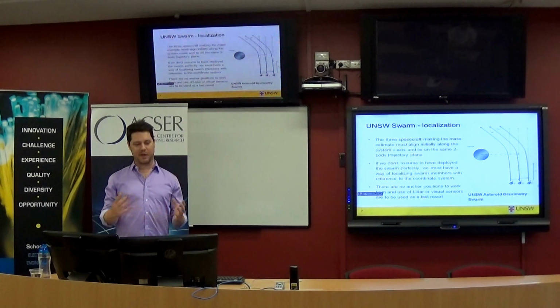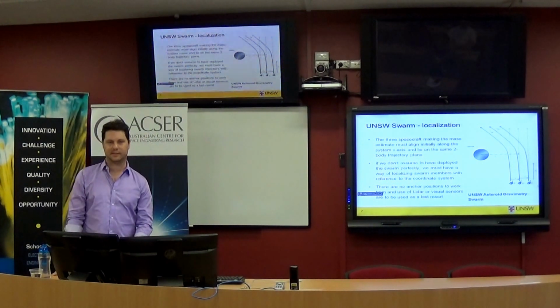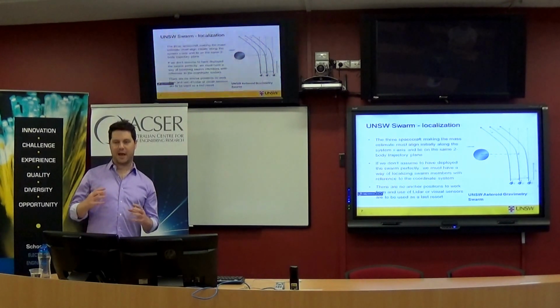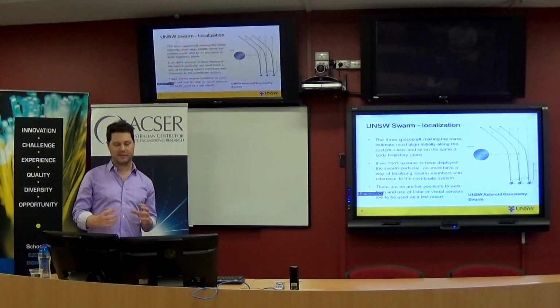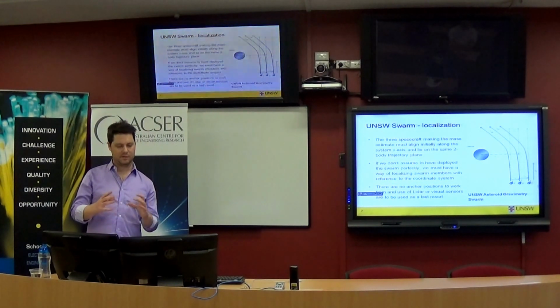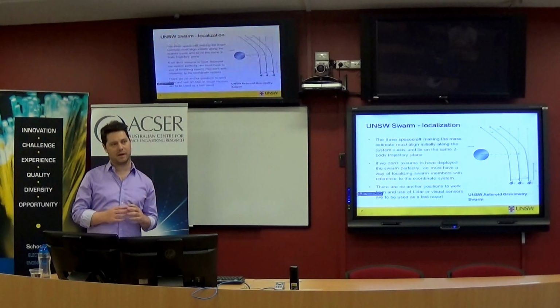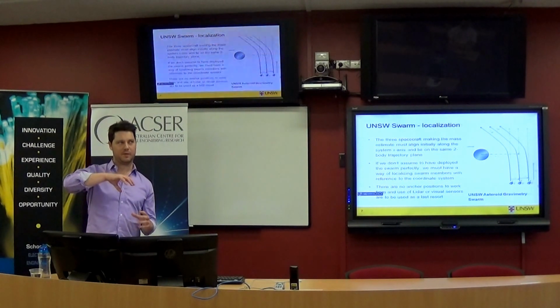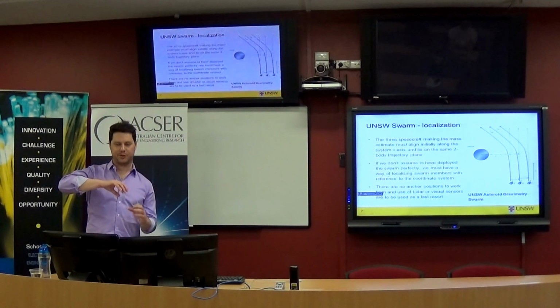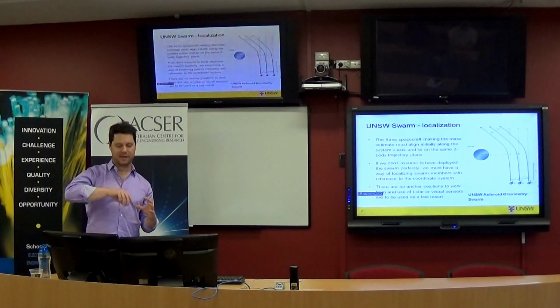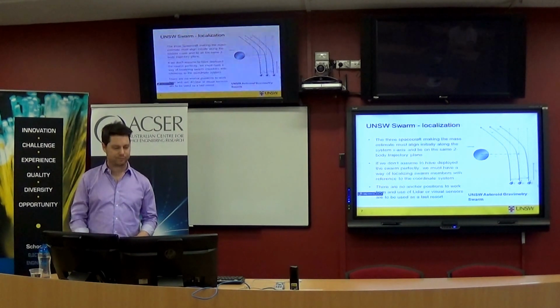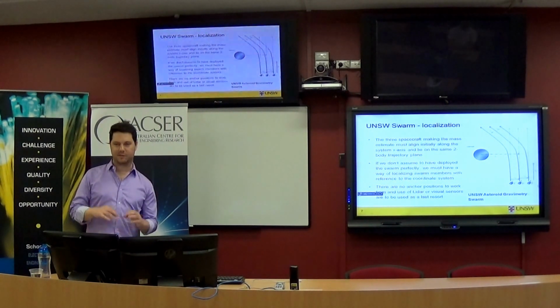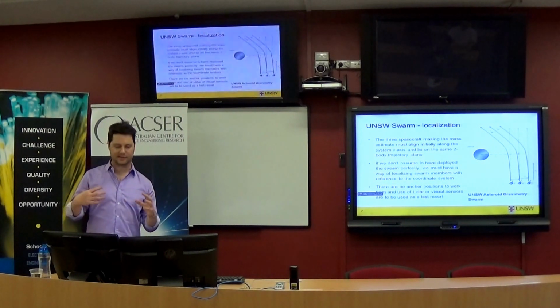And we do assume that we can't deploy these perfectly to start off with. And we get around that by having a whole bunch of swarm members and then not aligning them, but placing them using probability distributions, extending from a central spacecraft. But then we need to be able to localize where they exist.